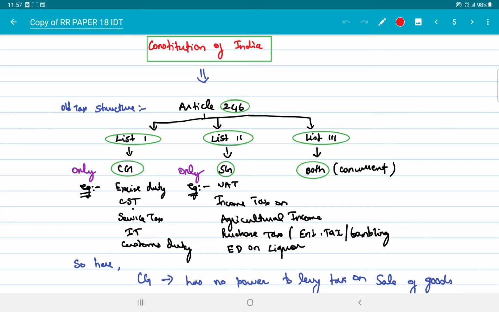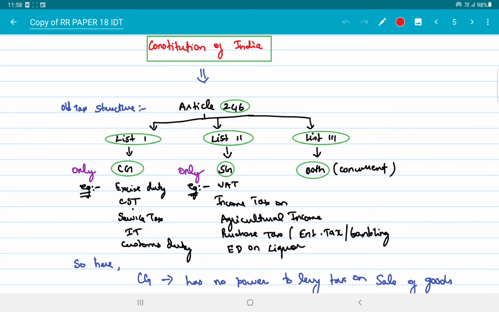So there was an amendment in the Constitution of India, and a new article, 246A, which we will discuss in some time, was brought into the Constitution to ensure that there is a constitutional power given to levy GST.